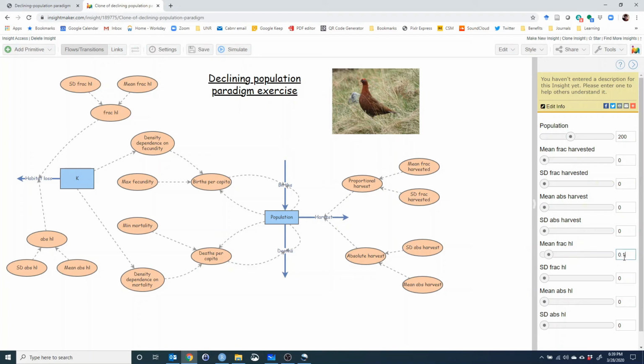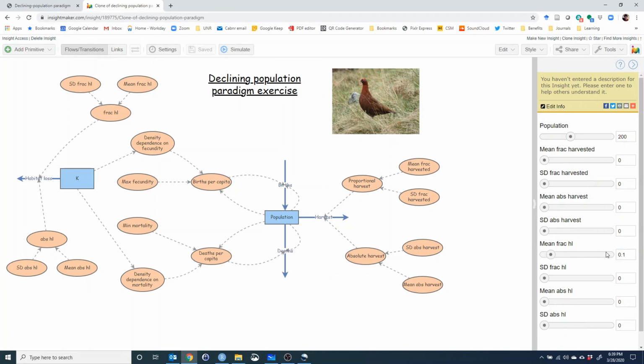Move that to 10%. Remember that 10% harvest rate didn't do that much to the population. The population was able to sustain itself fairly well through a 10% fractional harvest scenario. Let's look at a fractional habitat loss scenario of 10%.